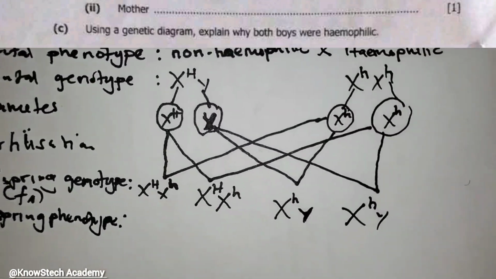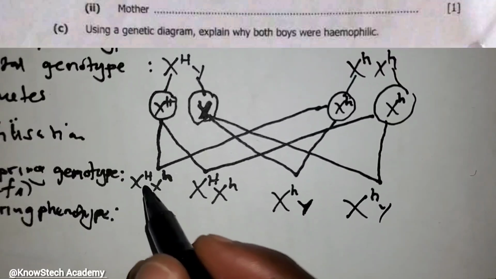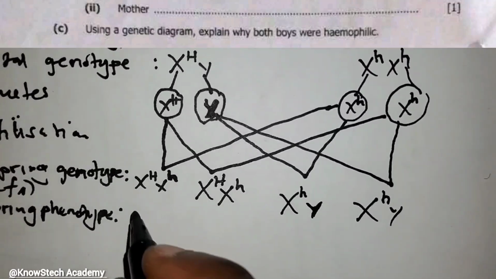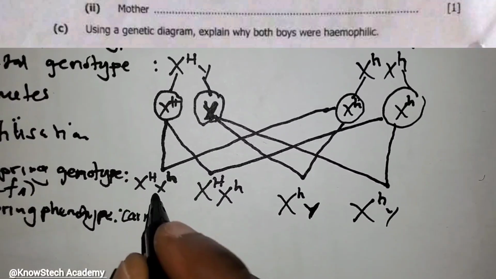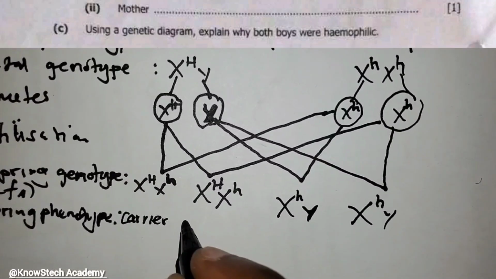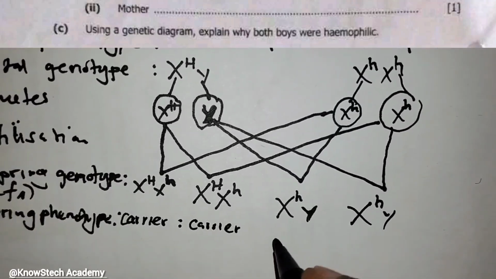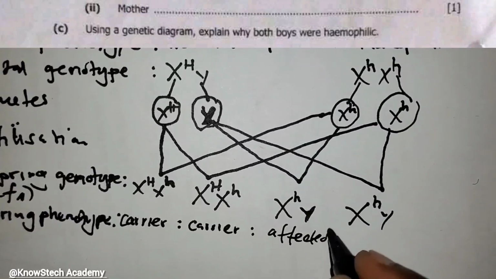Let's start with the females. These are ladies. So this is a girl, this is a girl, a boy, a boy. This one is a carrier, normal carrier. So the person is not affected, but it's just a carrier. This one also is a carrier. This one is hemophilic, which is an affected son.